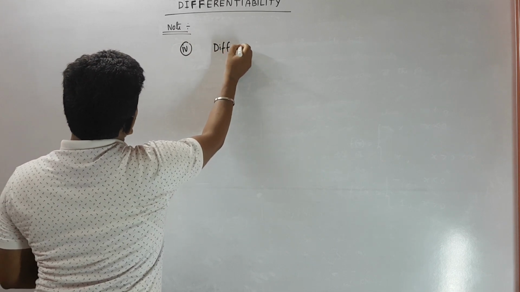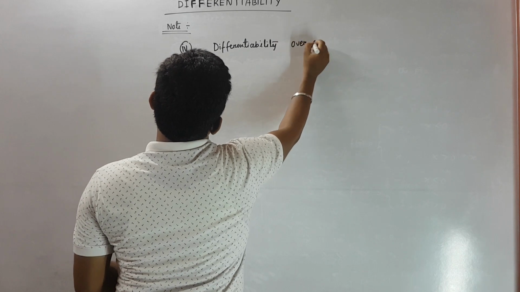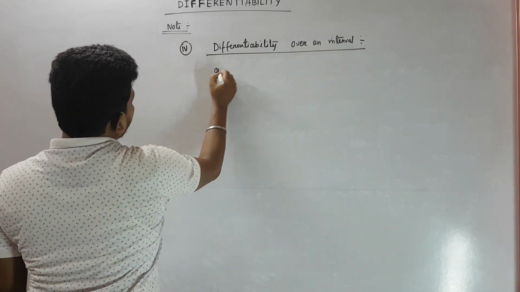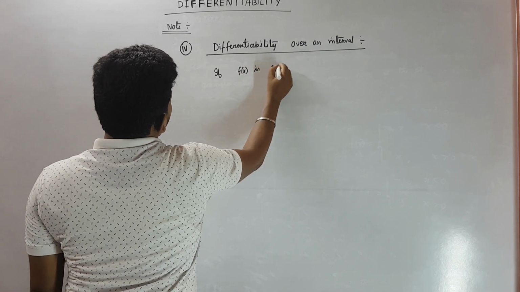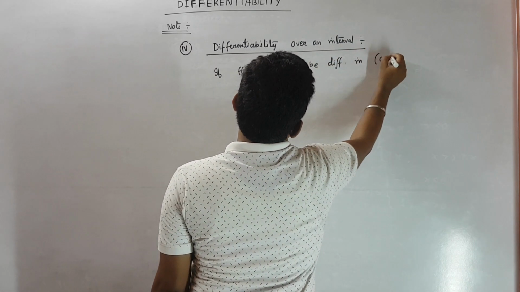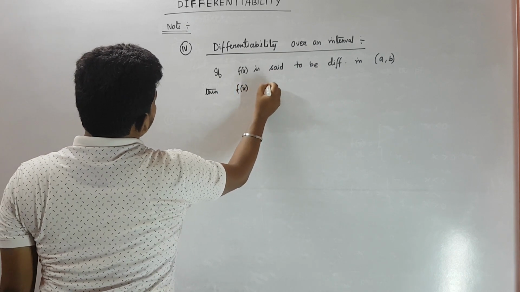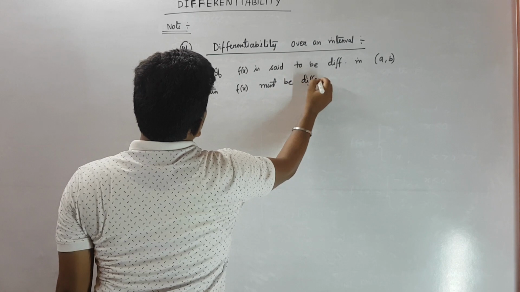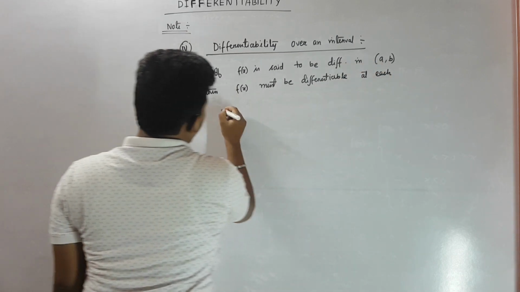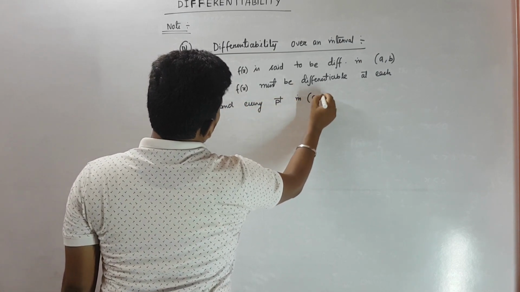Differentiability over an interval. f(x) is said to be differentiable in the open interval (a, b) if f(x) must be differentiable at each and every point in (a, b).